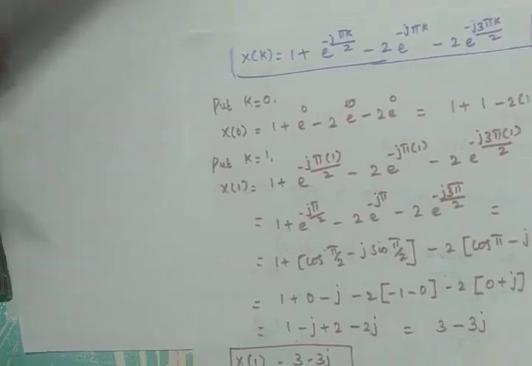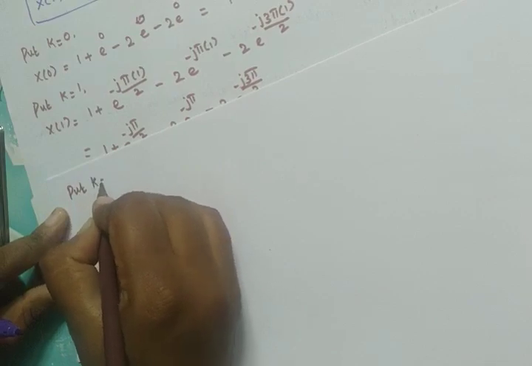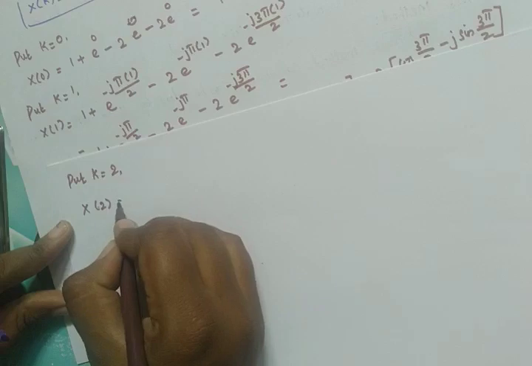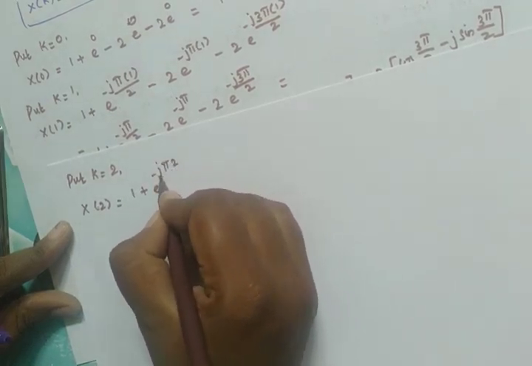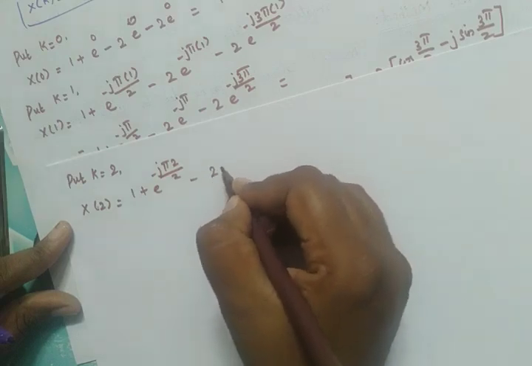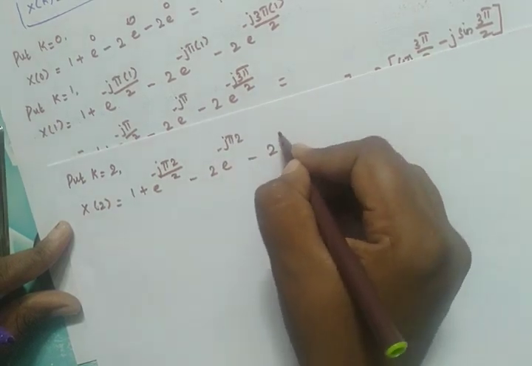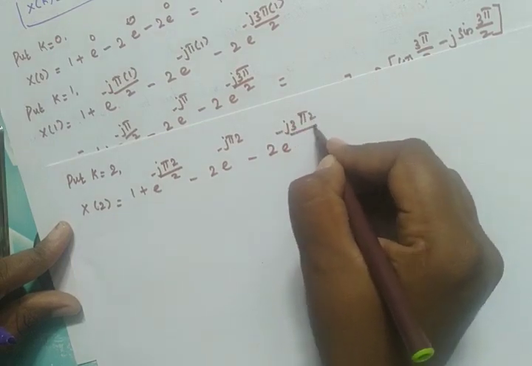We have to find X of 2. Put k is equal to 2. Therefore, X of 2 is equal to 1 plus e power minus j pi into 2 by 2 minus 2 e power minus j pi into 2 minus 2 e power minus j 3 pi into 2 by 2.